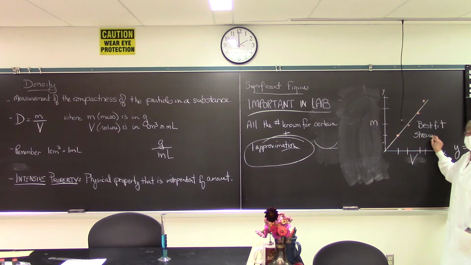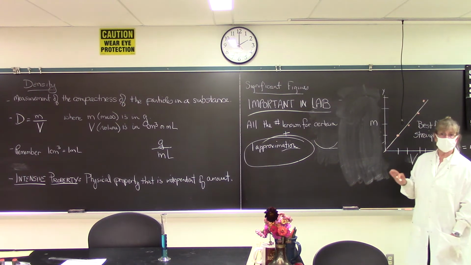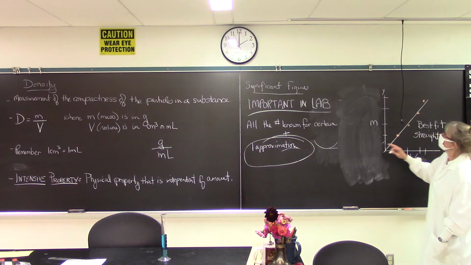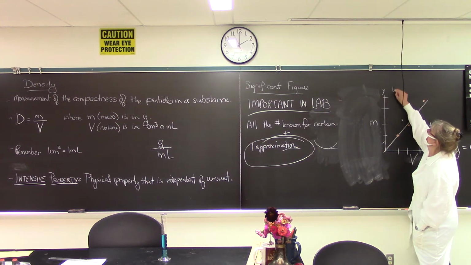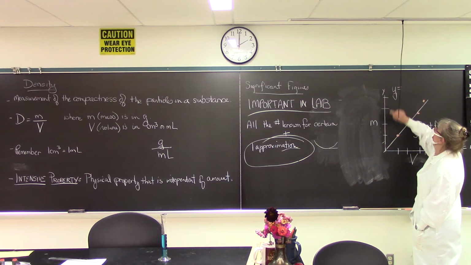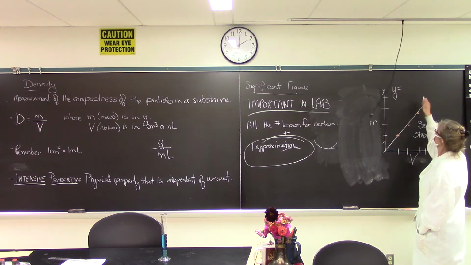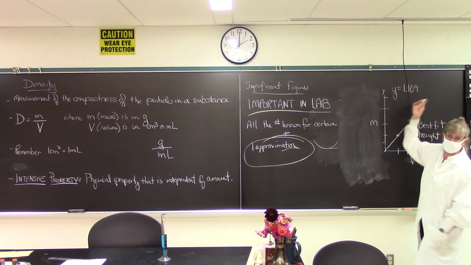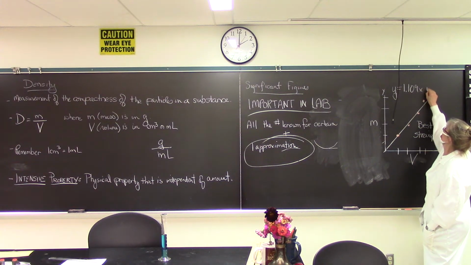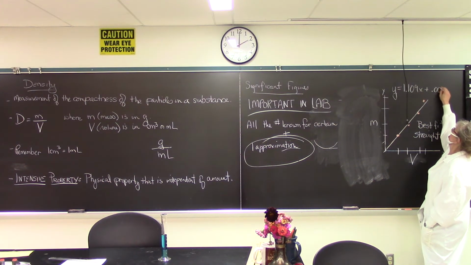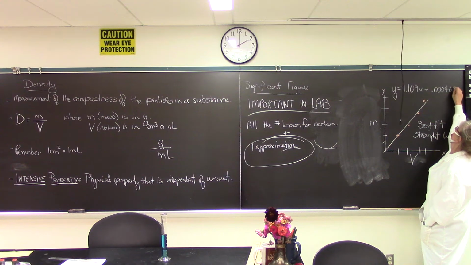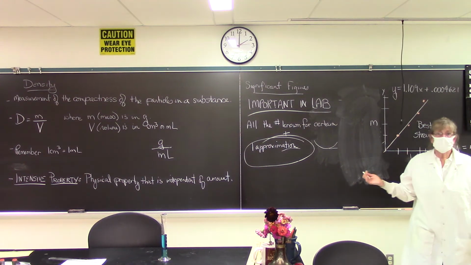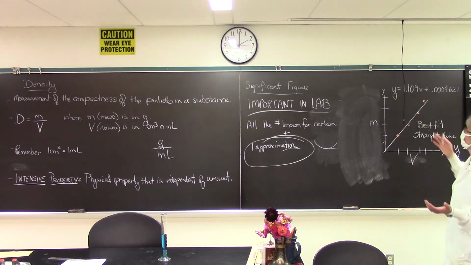And when you plot this on LoggerPro, that's what you're going to get, a best fit straight line. And that best fit straight line will be given to you as y equals 1.109, for instance, x plus 0.0004621. Making it up as I go, okay?